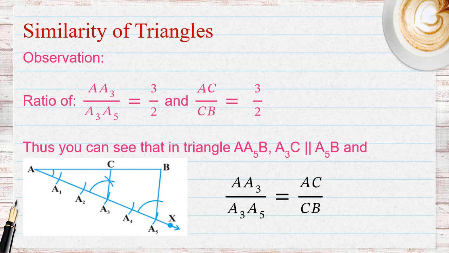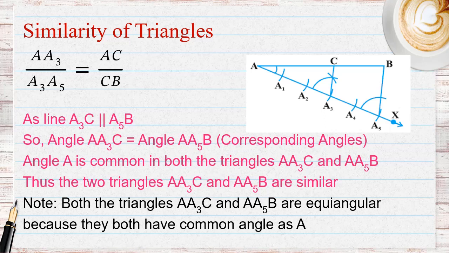Thus, you can see that in triangle AA5B, I repeat, in triangle AA5B, A3C is parallel to A5B, and also the ratio of AA3 upon A3A5 is equal to AC upon CB, isn't it? The ratio of AA3 upon A3A5 is equal to AC upon CB.